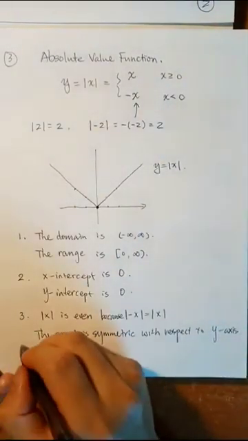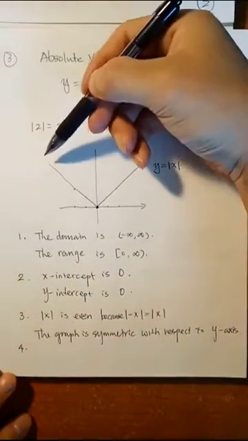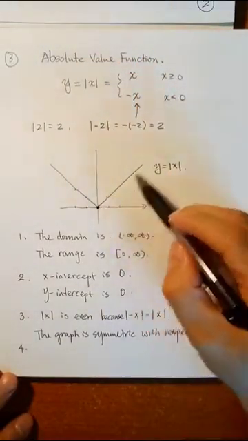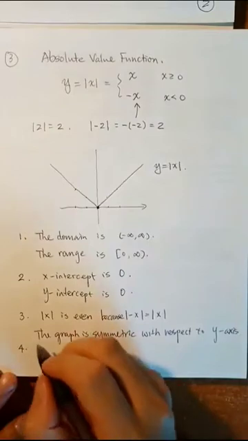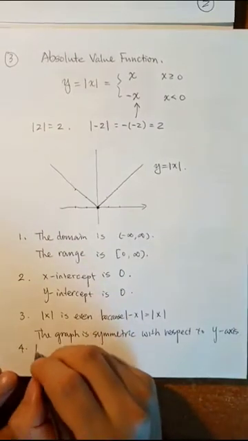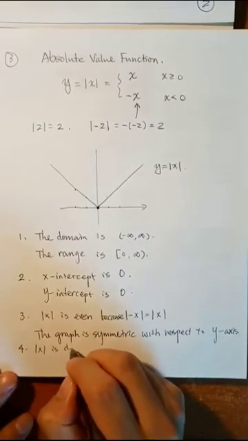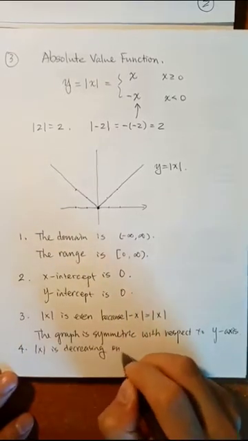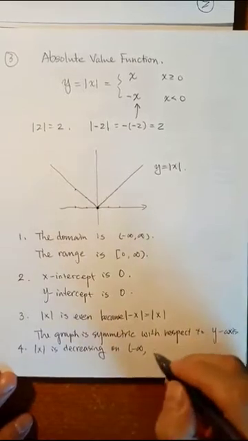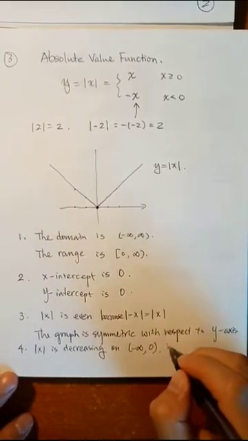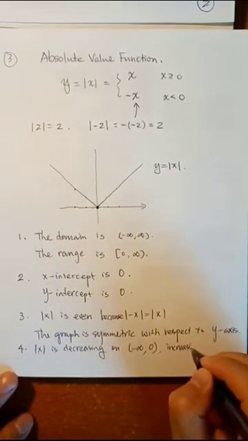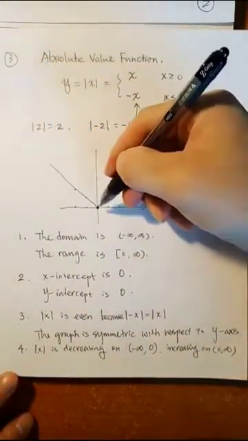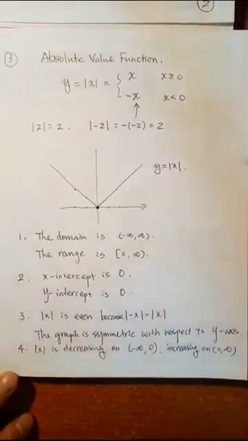And you see here the left branch, the graph is going down. The right branch, the graph is going up. So the absolute value of x is decreasing on negative infinity to 0, increasing on 0 to positive infinity. The left part is decreasing, the right part is increasing.